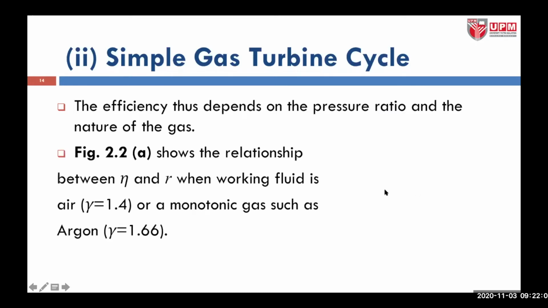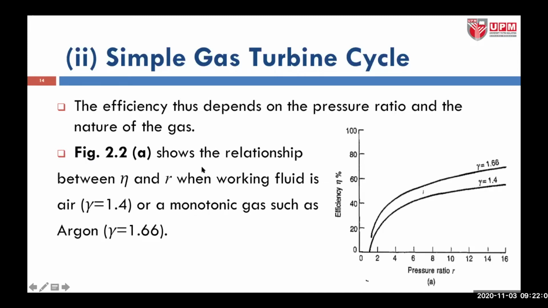If we look at figure 2.2a, it shows the relationship between zeta and R, the pressure ratio and this efficiency, when the working fluid is air, where gamma equals 1.4, or any monatomic gas such as argon, where gamma equals 1.66.